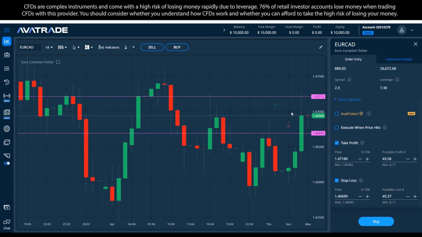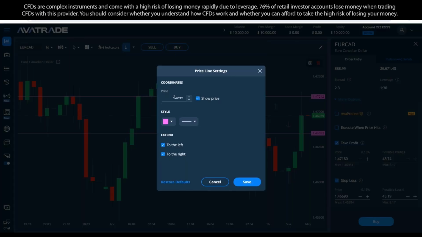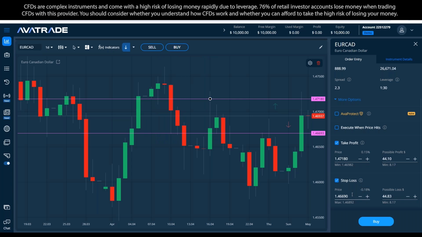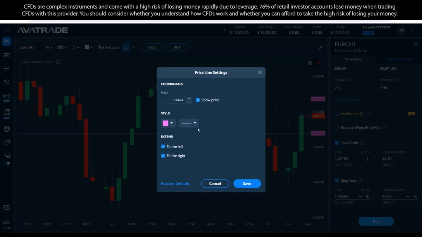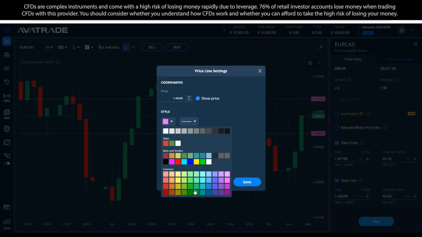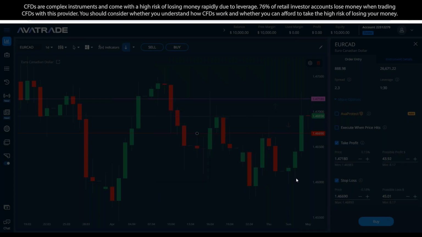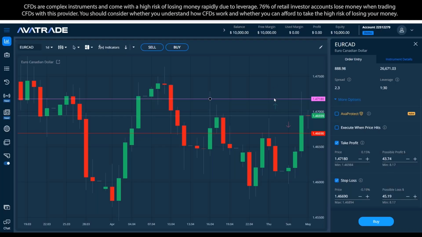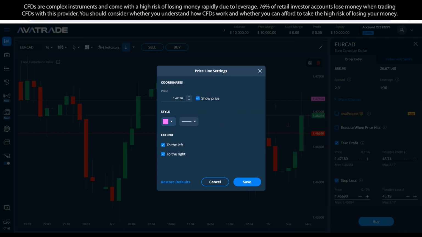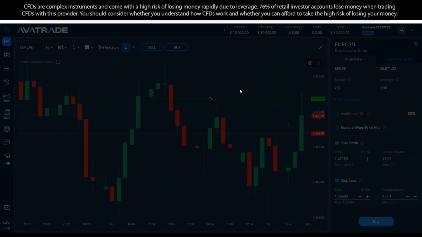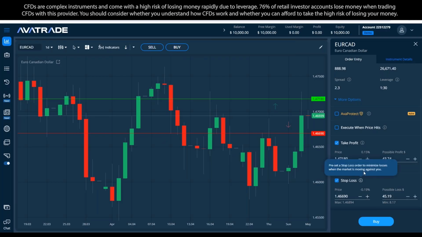It's a pending order. It sits on the chart at whatever price I want it to be. Let's say, in this case, it will be this price. There is again no need to know what I'm doing now, because I will explain about it later. I just want you to have the general idea.